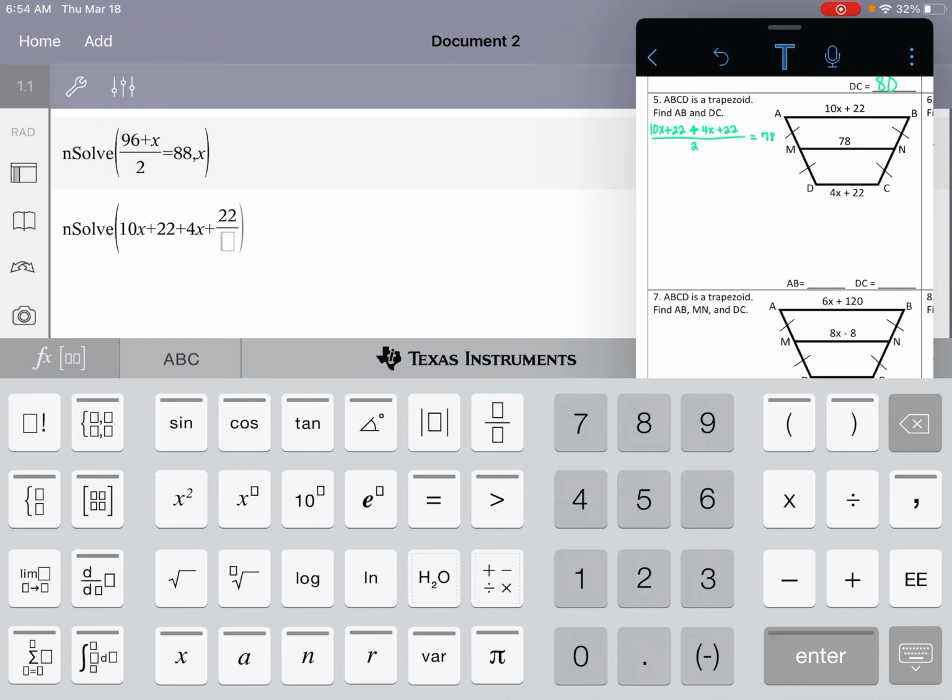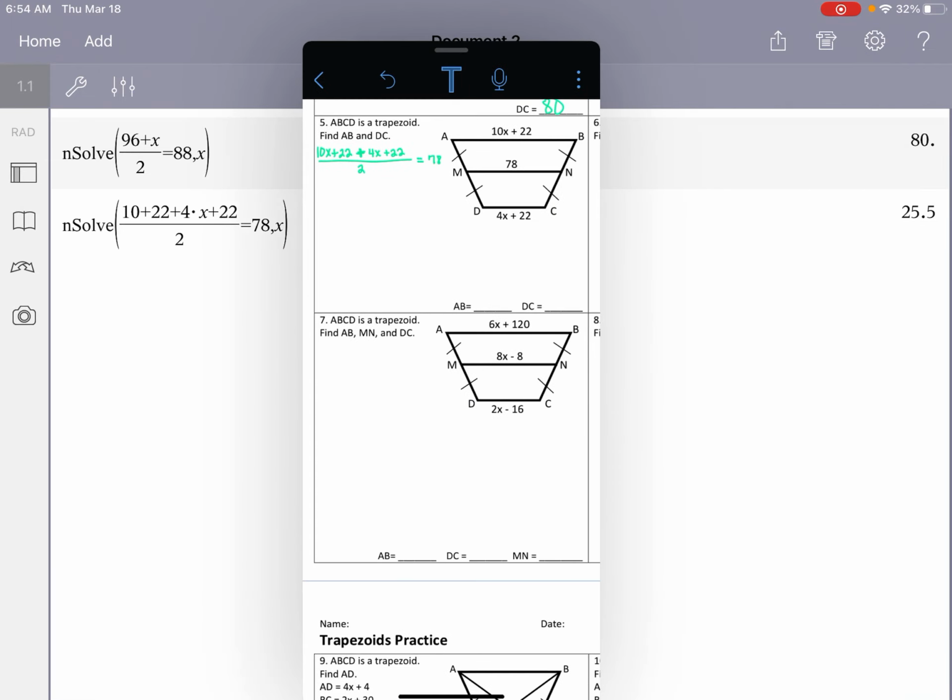I should have put that in a fraction. Let me go back and do that. Over 2 equals 78, comma x.